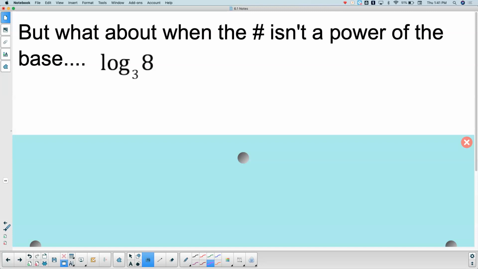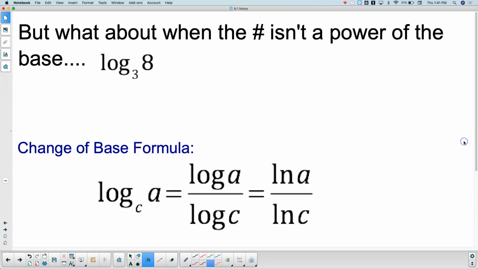So in this case, we've got to go about it a little different way. And that different way is we use what's called the change of base formula. Now, this is a calculator-based formula. This is for solving logarithms using your calculator.